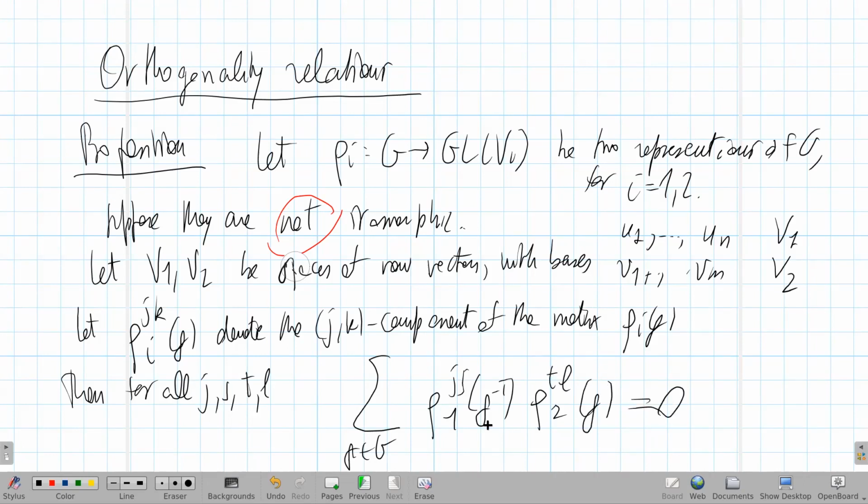And of course, since this is rho 1, it means that j and s will run from 1 to n, because they refer to rho 1, whereas t and l will run from 1 to m. But this is understood, I won't repeat it later. Okay? There is a remark about orthogonality that I will make later.